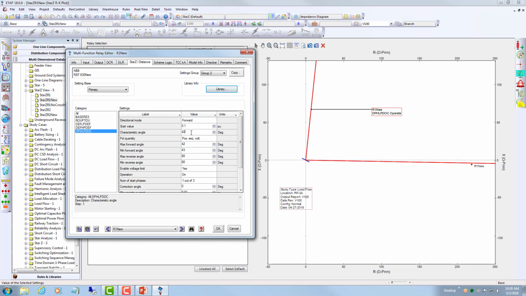Considering that the RCA is 42, the max forward angle goes from 42 to plus 42, which would be 84, and the min angle would be 42 minus 43, which would be minus 1 degree. So this angle is minus 1, and the angle from the max forward angle would be 84 degrees.